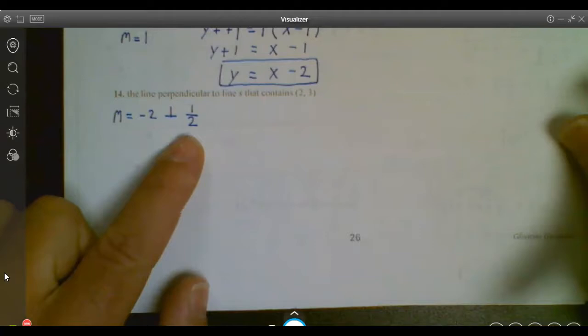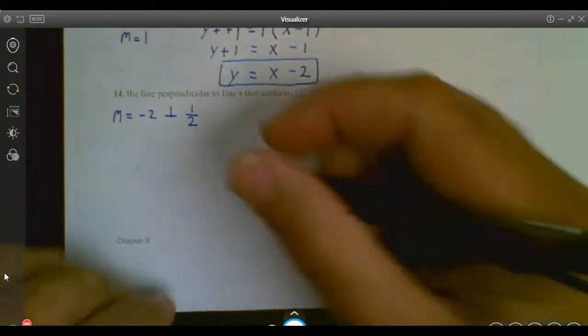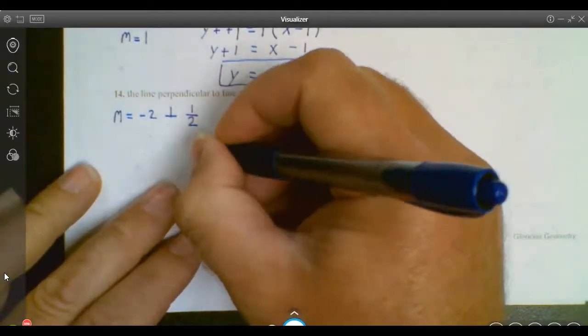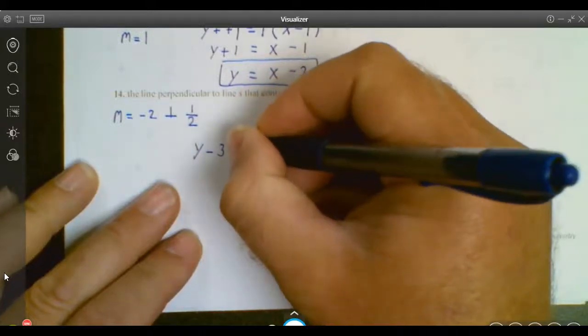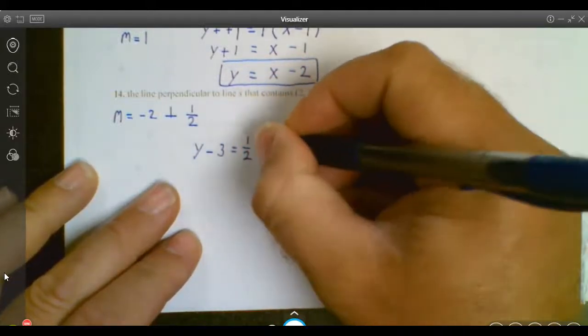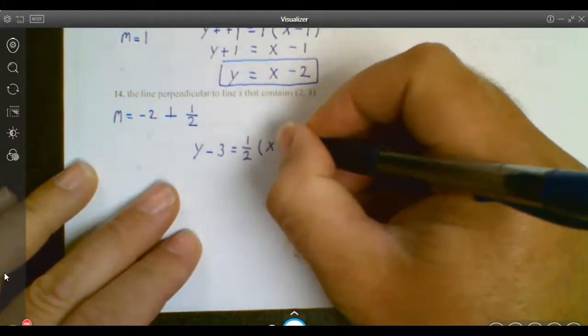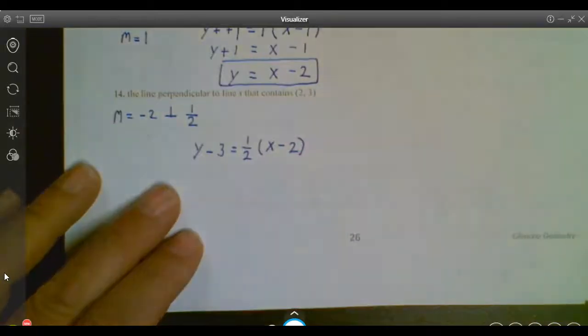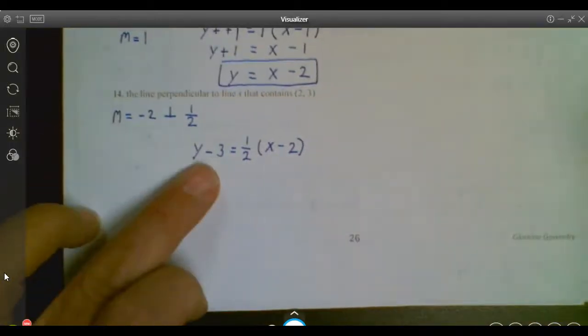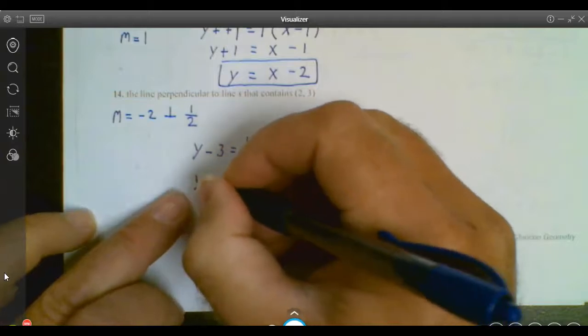So now we have a slope, we got a point, right back into point slope, y minus my y coordinate equals my slope, times x minus the x coordinate, right? This was x1 and y1. Let's clean up a little bit. Let's get y by itself, distribute on the right.